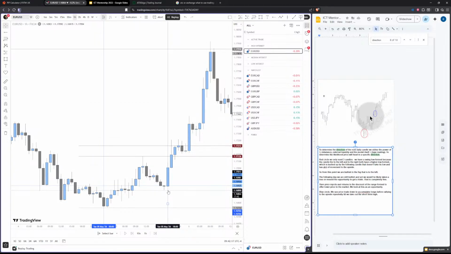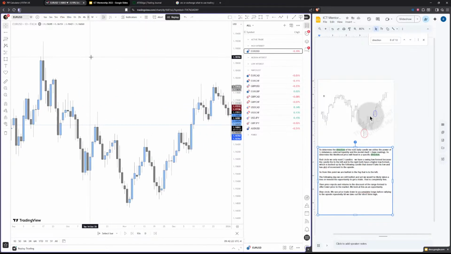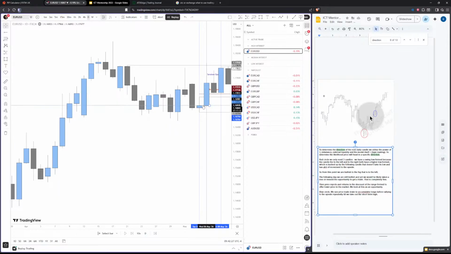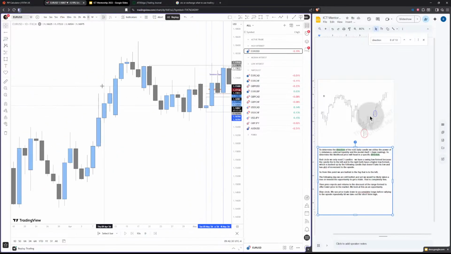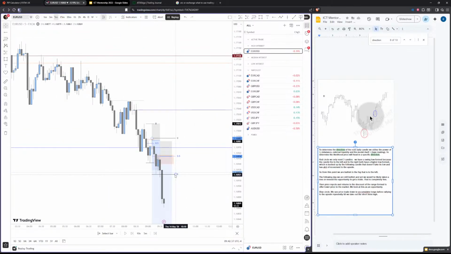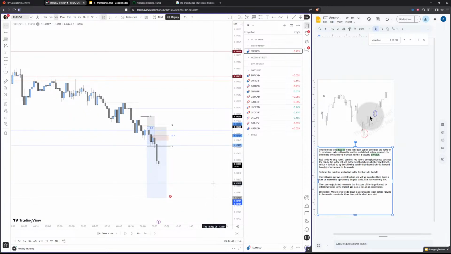But why isn't the candle changing? I don't like this. This makes me feel weird.